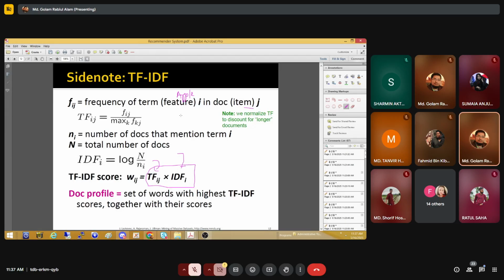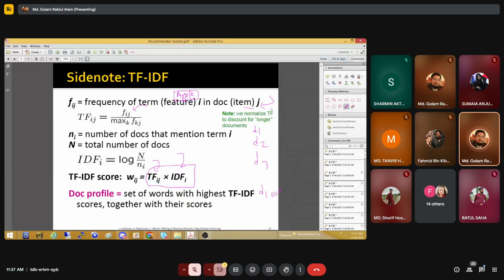The term frequency means the frequency of this term, Apple, in the document j. Maybe we have many documents, but currently we are focusing on document one. So document one, document two, document three, maybe we have thousands of documents.